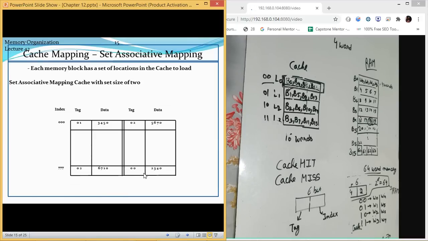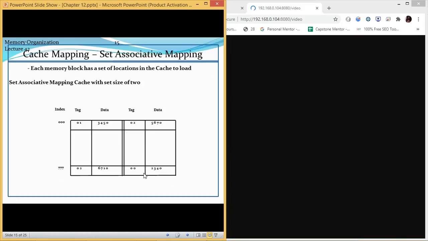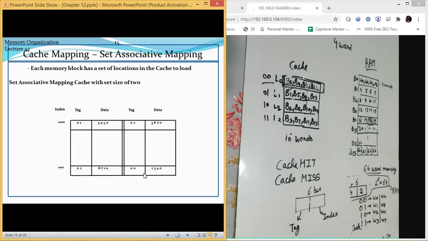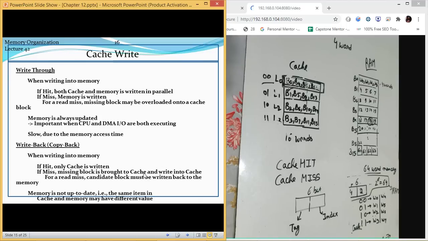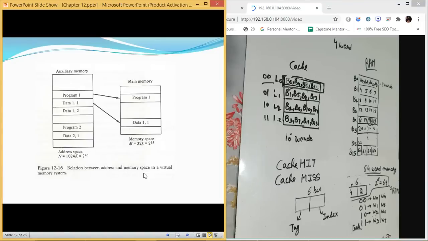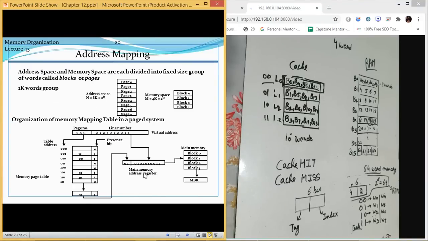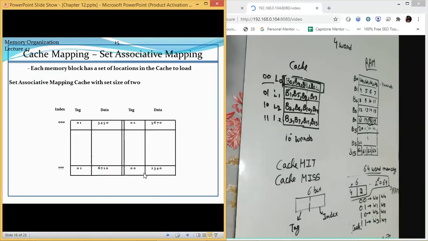Earlier we talked about a single size. We had a single index, a tag, and data, but now we have multiple tags inside a memory. So we will discuss set associative, and then we will talk about cache read and write schemes, virtual memory and address mapping in our next classes.